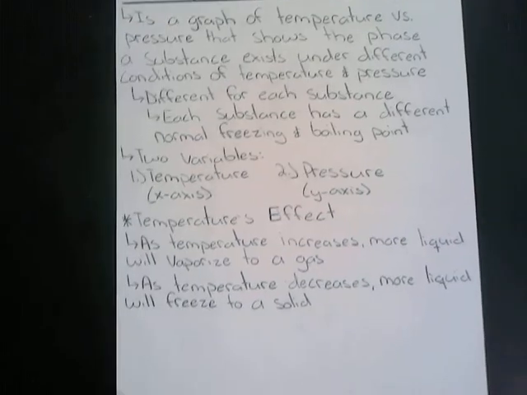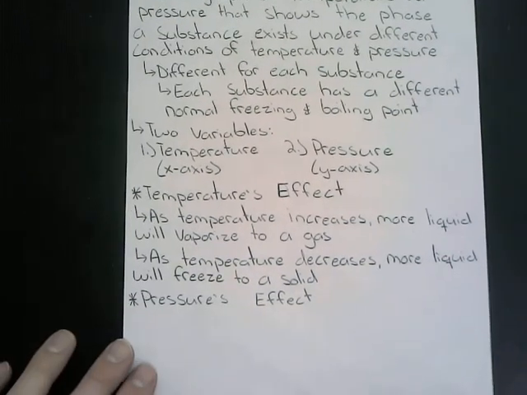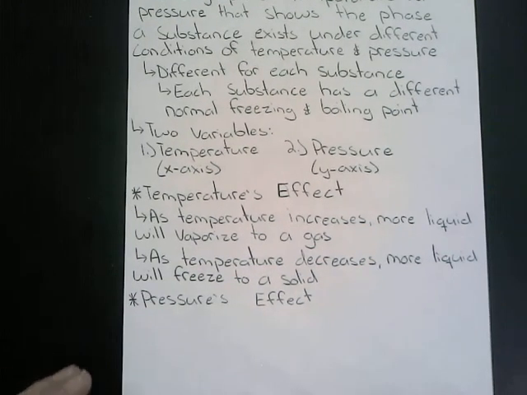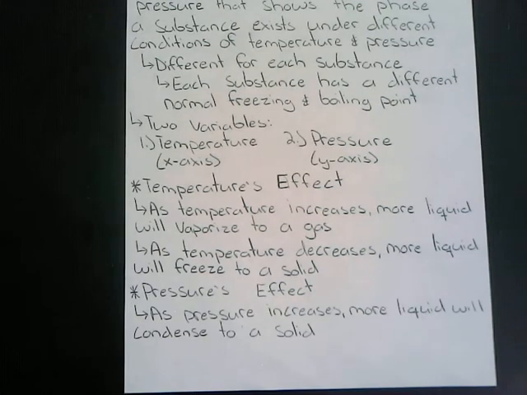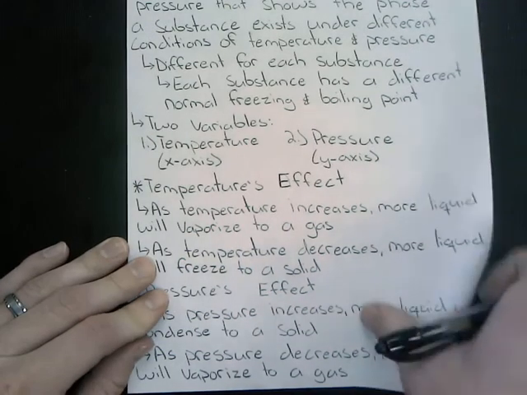Now, let's talk about pressure's effect. As the pressure of a liquid increases, it will cause more liquid to condense to a solid. And as pressure decreases for a liquid, it will cause more liquid to vaporize to a gas. All right, so let's actually see a phase diagram and label some different parts.